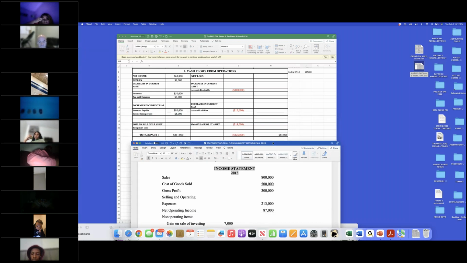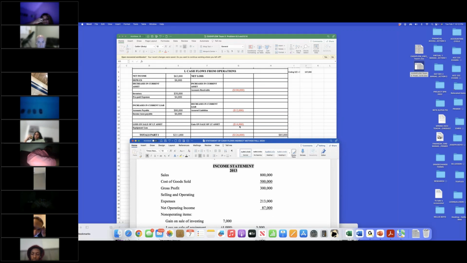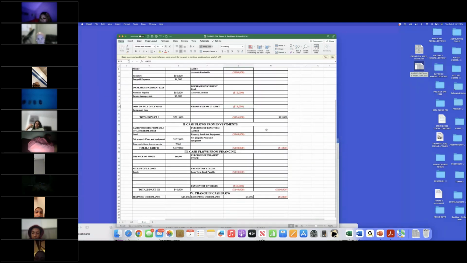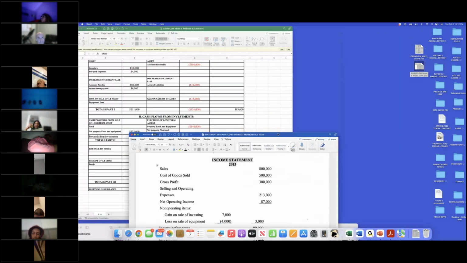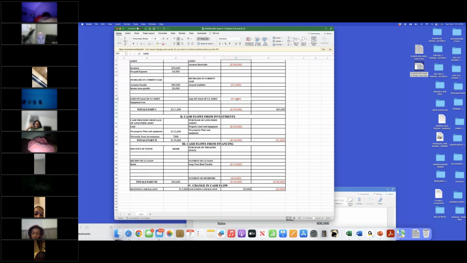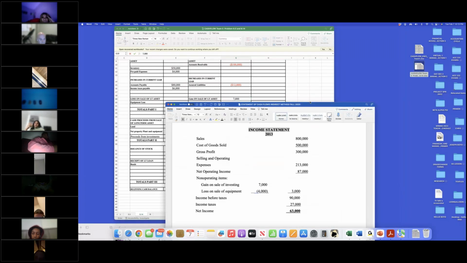So if you got a gain on an asset, which is what the problem said, it said the gain was 7,000, you've got to come in here and put 7,000. If it said the loss on another asset was 4,000, you've got to put that 4,000.